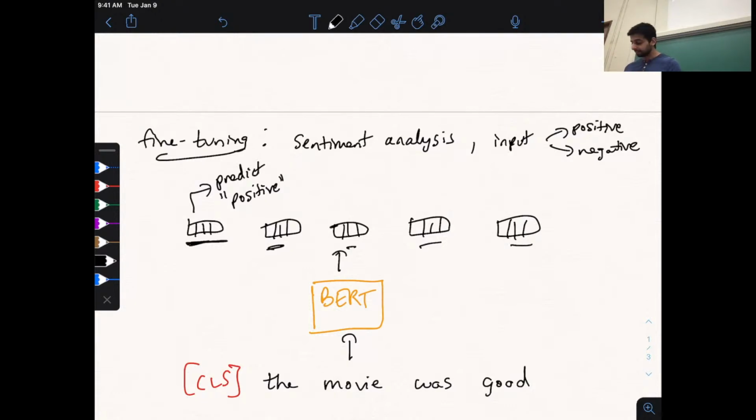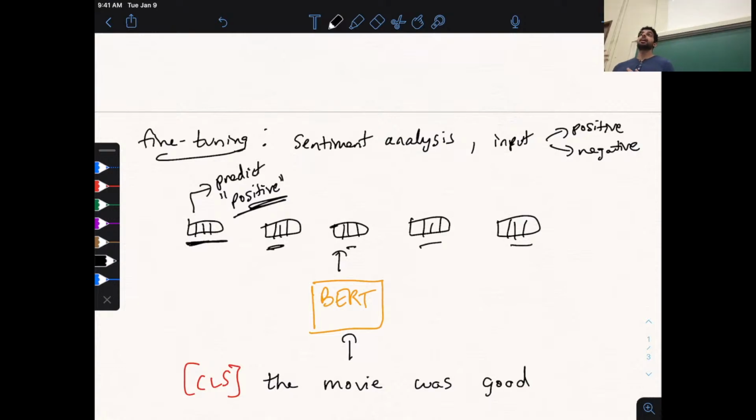You don't actually need to add more task-specific parameters beyond the bare minimum, which in this case is just a single classifier. So let us actually look at what it means to predict positive, just to be clear, make sure everyone understands the concepts that we've been discussing this semester. So when I say predict positive, I'm using the exact same softmax layer that I was using in language modeling to predict the next word, or in masked language modeling to predict the identity of the current word.